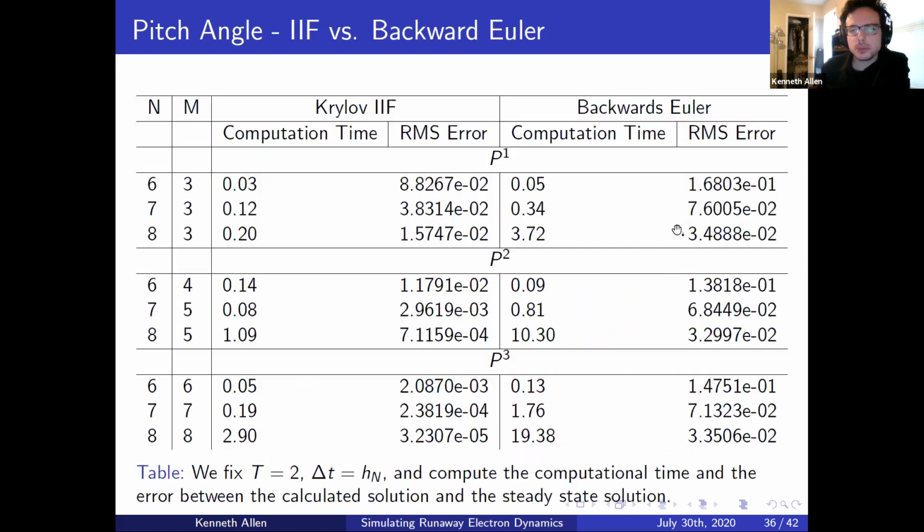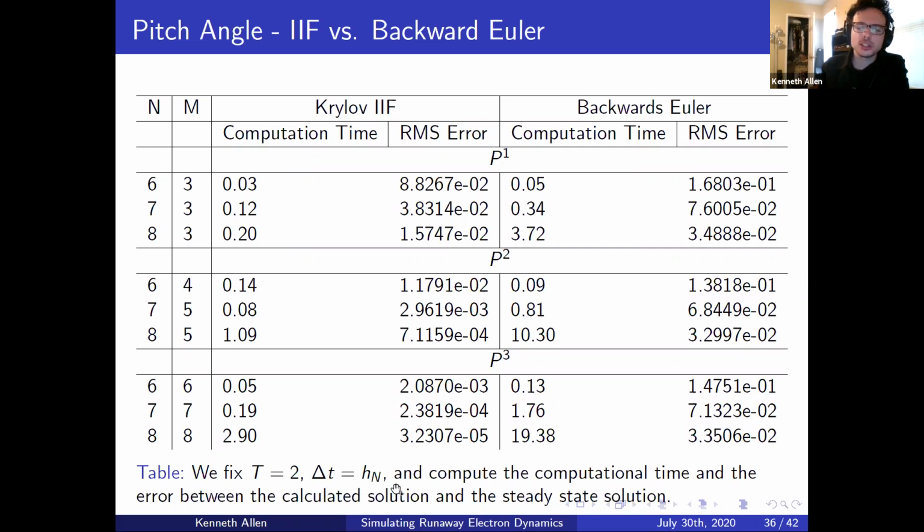So these are some numerical results comparing this IF method to the backward Euler method. In particular, you can see that first of all, we're taking large time steps here. I mentioned before that for the forward Euler method, we need to choose delta t to be proportional to the mesh size squared.